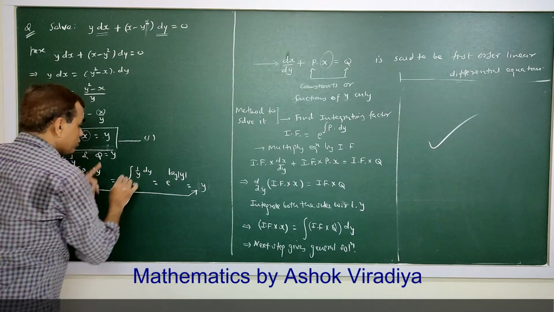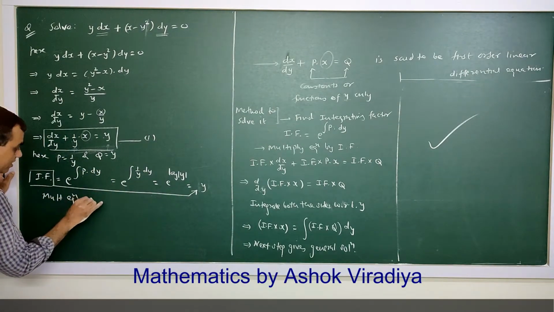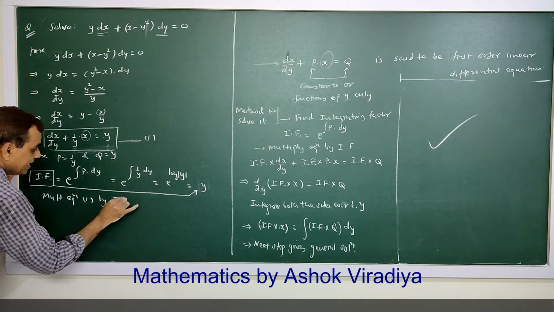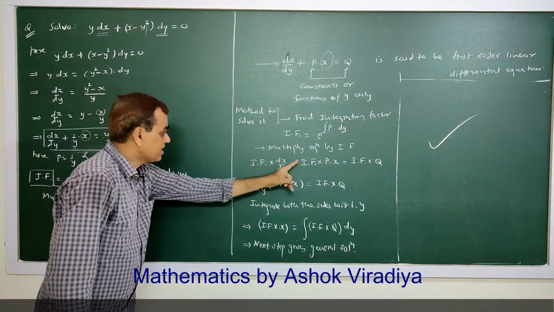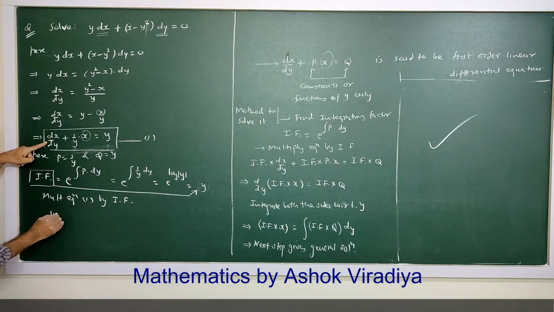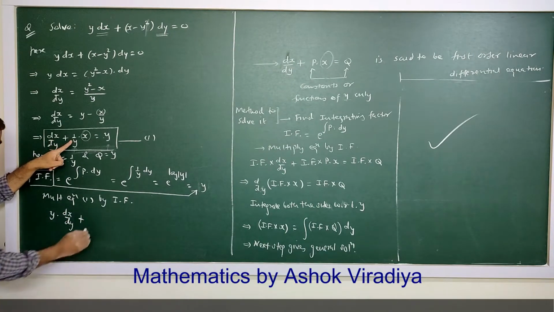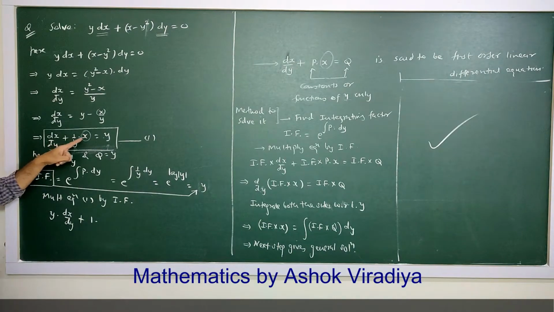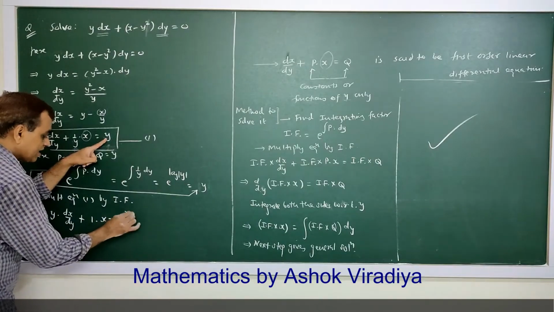So multiply equation 1 by the integrating factor. So now I am putting this step. Integrating factor, so y into dx by dy plus y into 1 by y, which is 1, into x equals y into y, which is y square.